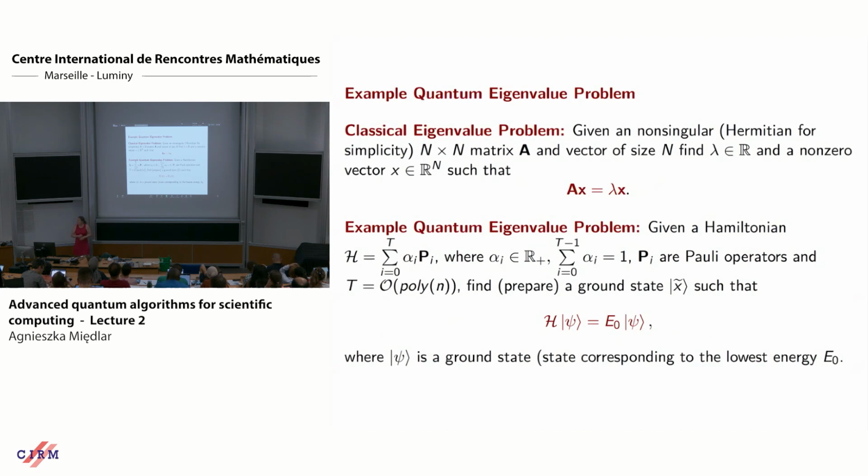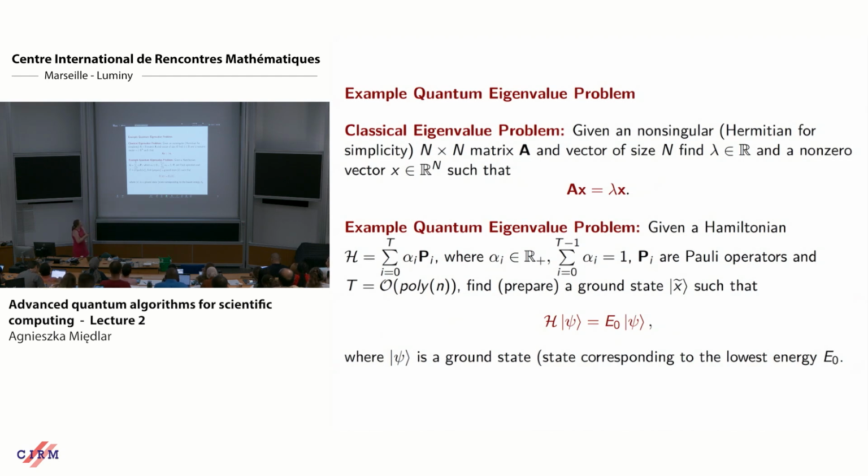Okay, but my area of research in many aspects boils down to solvers for eigenvalue problems, and that's why I wanted to talk about that, and I will see how far I can get. So if you think about the classical eigenvalue problem, it doesn't have to be non-singular, but we will assume Hermitian.